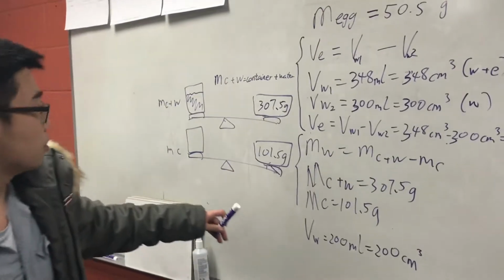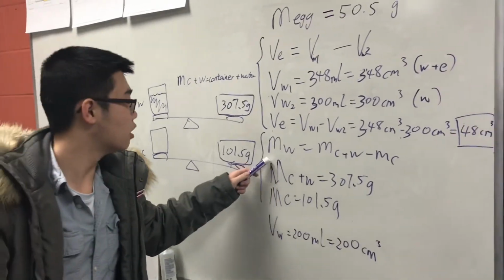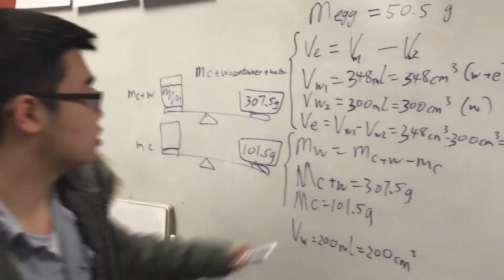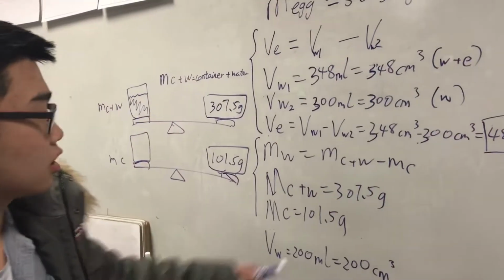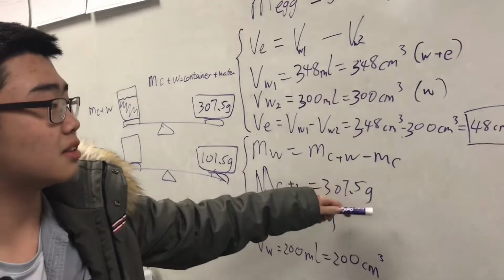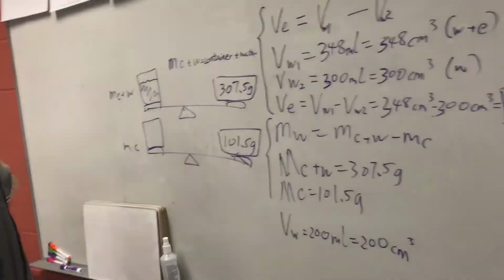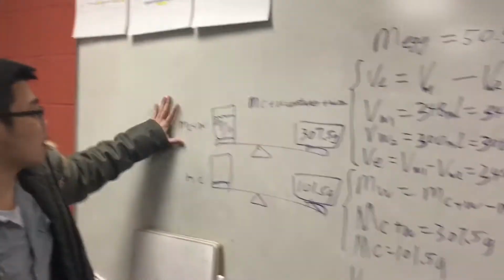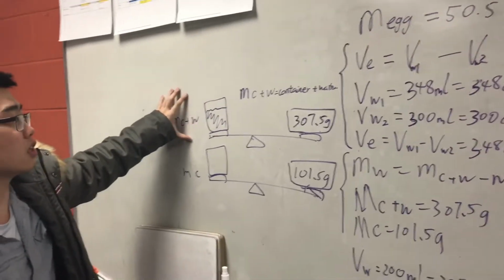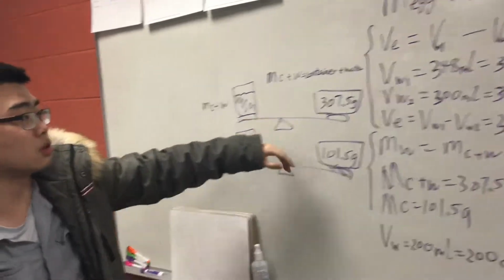We use the equation: the mass of the water is equal to the mass of the container plus the water minus the mass of the container. So MC plus W, the mass of the container plus water, is equal to 307.5 grams.